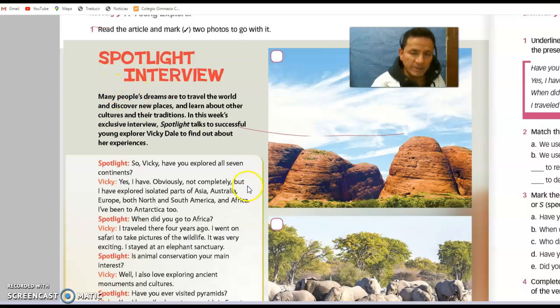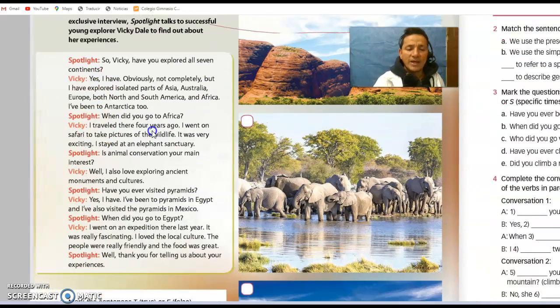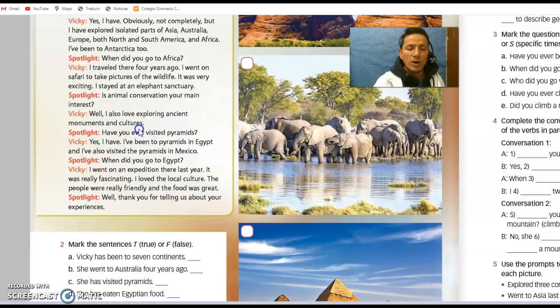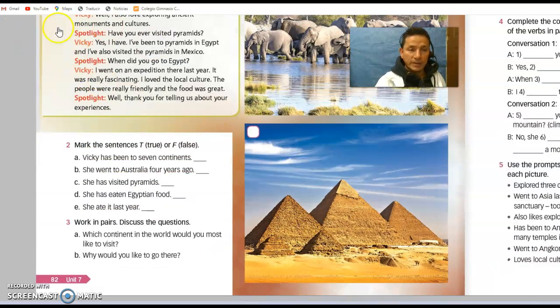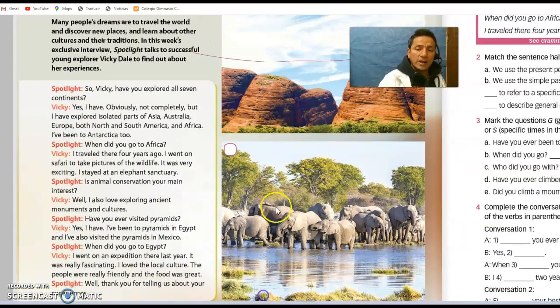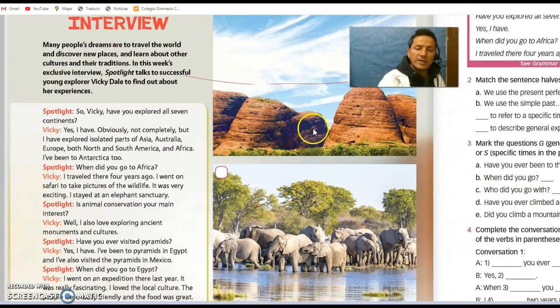In the reading, she was talking about Africa, elephants, wildlife. Of course, if you can't remember, what you need to do is to listen again and review. And what about this picture?